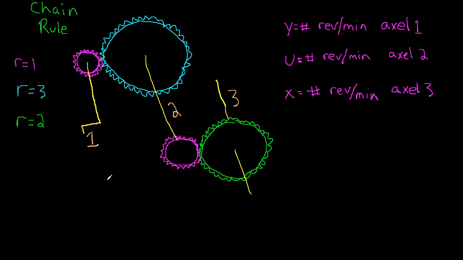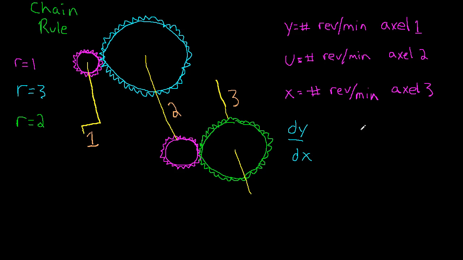Here's the question that I have. If y, u, and x represent the number of revolutions per minute for axles 1, 2, and 3, what I'm interested in is the change in y with respect to x.